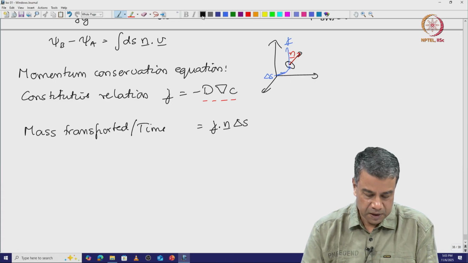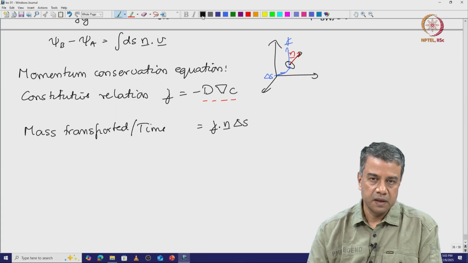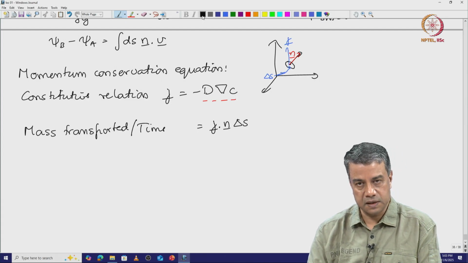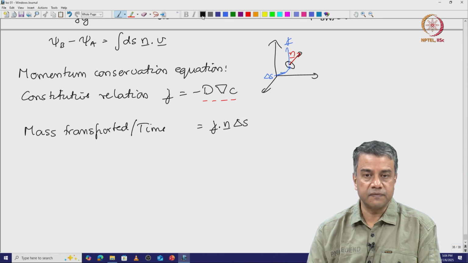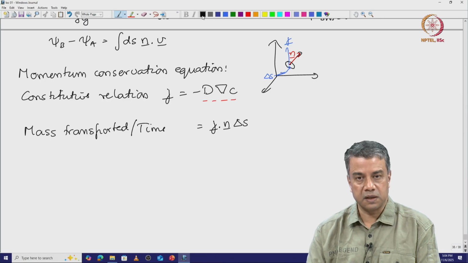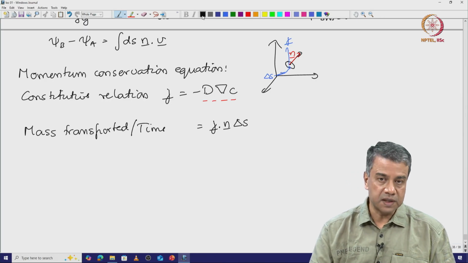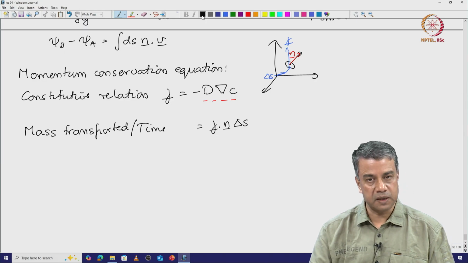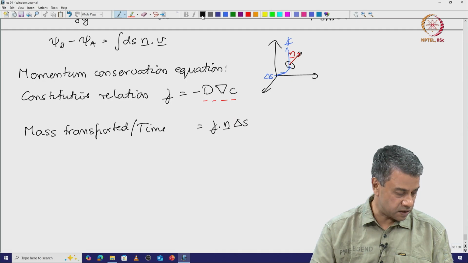In the case of momentum, there is a direction of transport, just as there is for mass and energy. There is also the direction of momentum itself. Momentum is a vector, and therefore, there are two directions associated with the transport of momentum. One is the direction of momentum itself, the second is the direction in which momentum is transported. So, there are two directions.